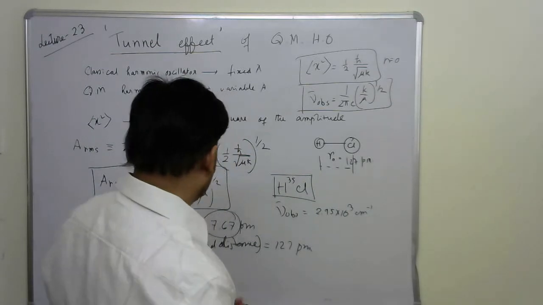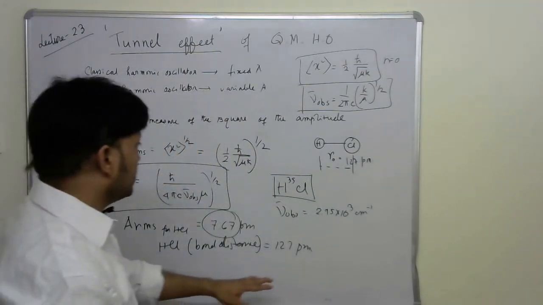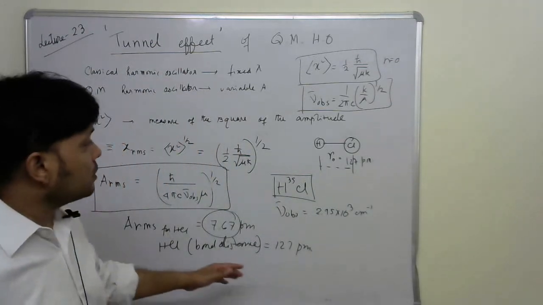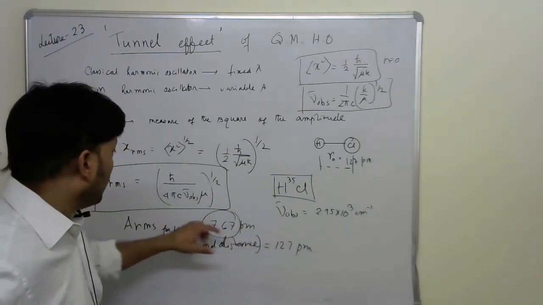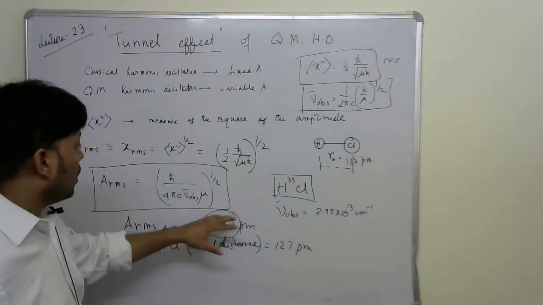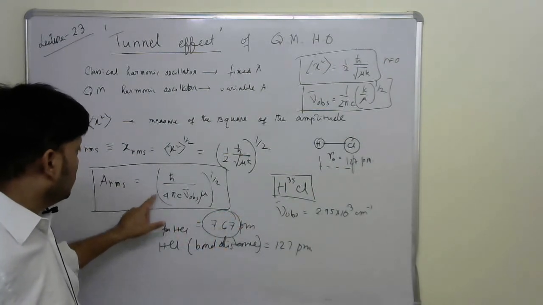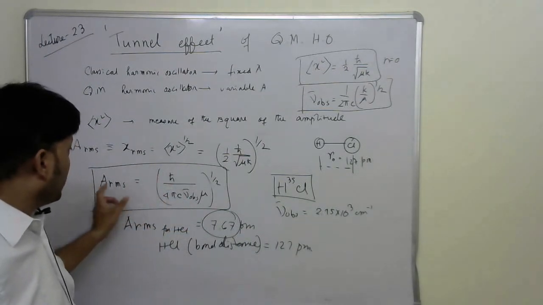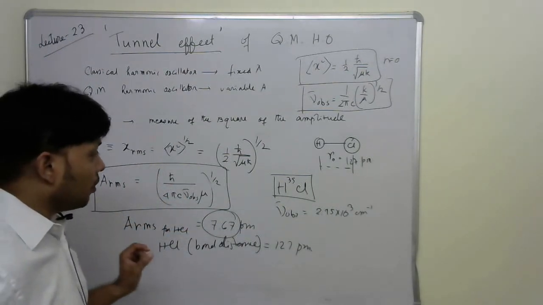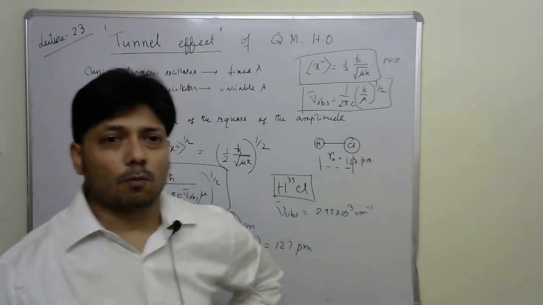This is the practical significance. Of course, given a bond distance and using this formula, or given the nu bar observations from this formula, we can calculate ARMS for many different diatomic molecules.